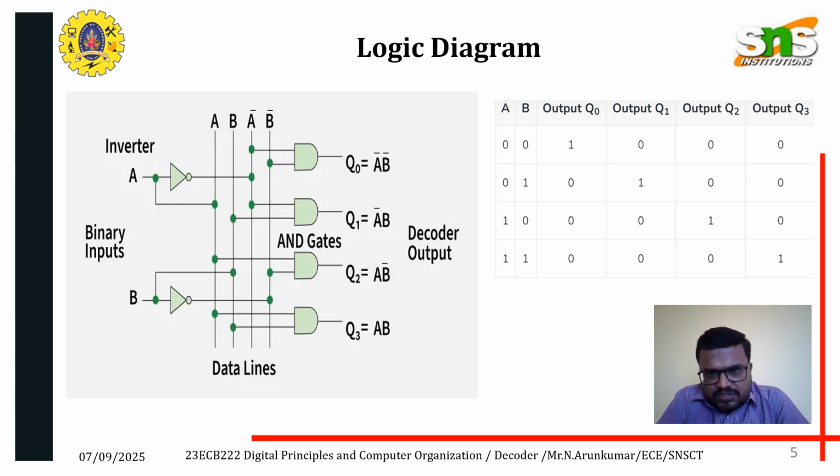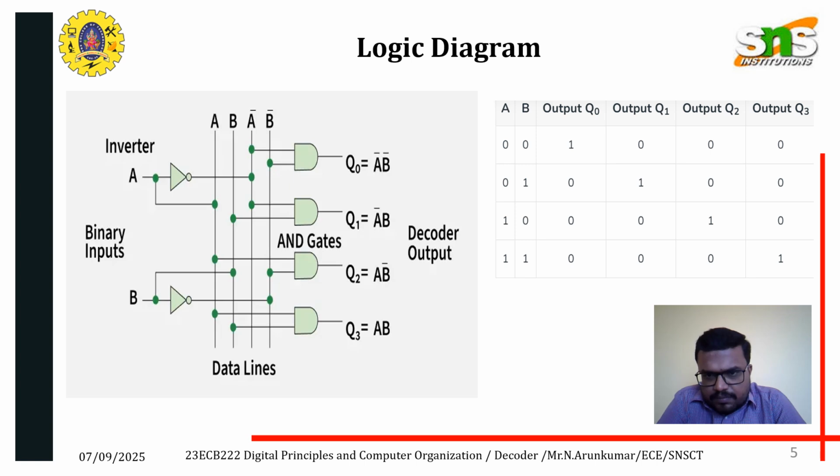So 0 0 means A bar and B bar, and the corresponding output is Q0. We are using an AND gate here, which is used for the multiplication process. Next, 0 1 gives Q1: A bar and normal B, so Q1 equals A bar B. Next is Q2, 1 0: A is 1 and B is 0, B bar, so Q2 equals A B bar.